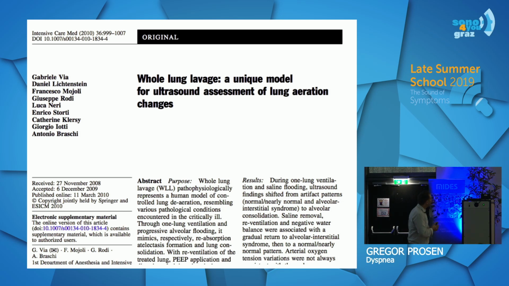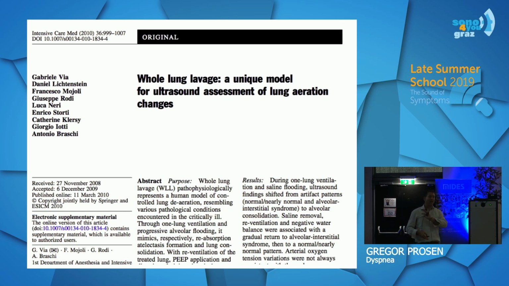And just to prove it, they did the most fantastic, sexy study ever. There is a certain disease, lung proteinosis, that you treat by submerging, by lavaging the whole lungs. There are proteins in the alveoli. They make a restrictive lung disease.